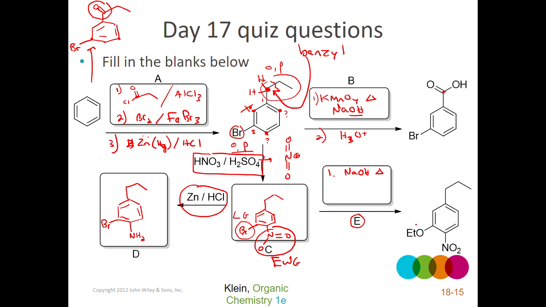Then we'd have an O minus here, because if we used excess OH minus, it would also deprotonate the OH. So then we would just need to add an ethyl bromide or something so that the negative charge on the oxygen could attack that ethyl group, push that bromine out, and then I get an ethoxy group there.